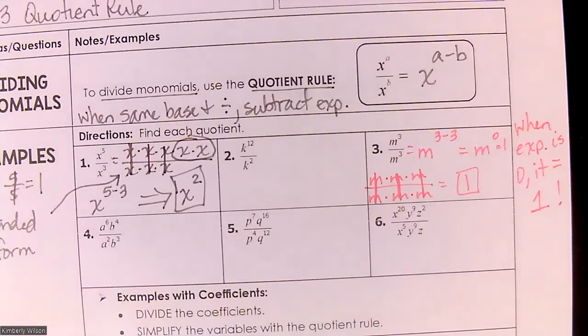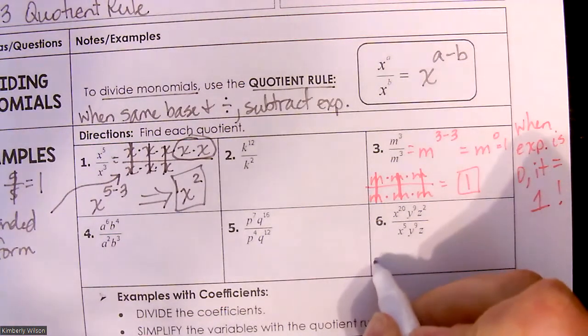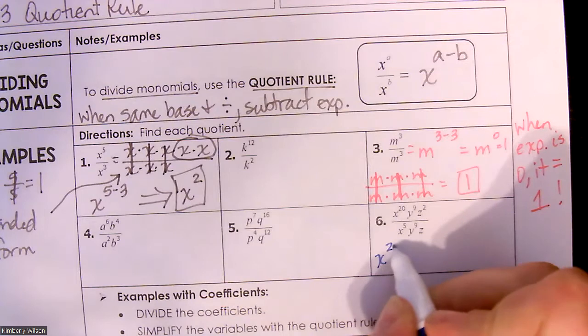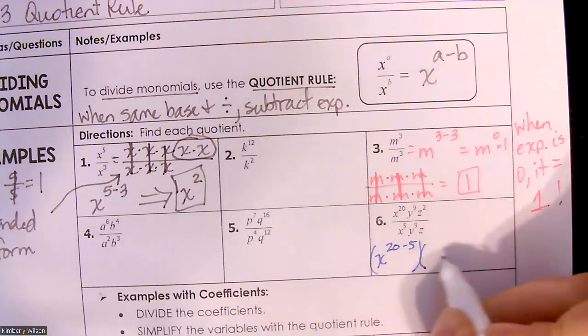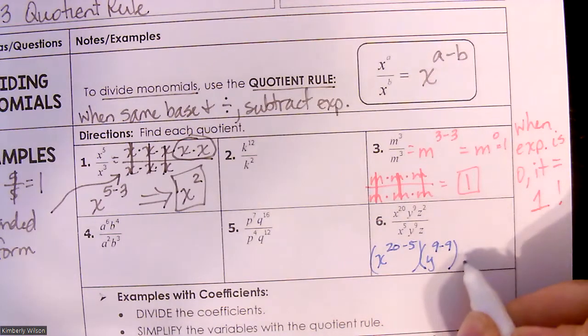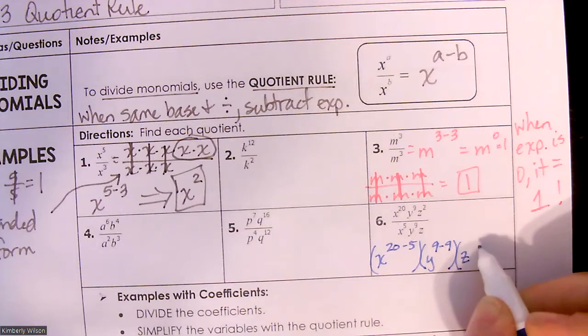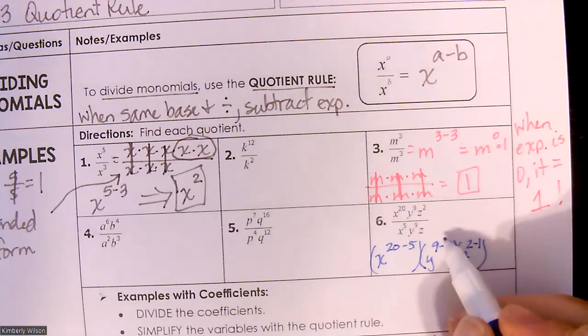Okay, moving right along. Number 6. So I'm going to have x to the 20 minus 5 times y to the 9 minus 9 and z to the 2 minus 1, which, oh, if it's 9 minus 9, that equals 0.